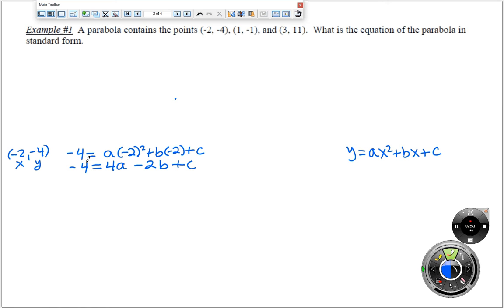So I could do the same thing for each one of these points. So (1, -1) is another point on the parabola. It can give me another relationship between A, B, and C when I plug this in for X at the same time I plug this in for Y. So if I plug in -1 for Y while I'm plugging 1 in for X, that would give me -1 equals A plus B plus C. And then the same thing for (3, 11).